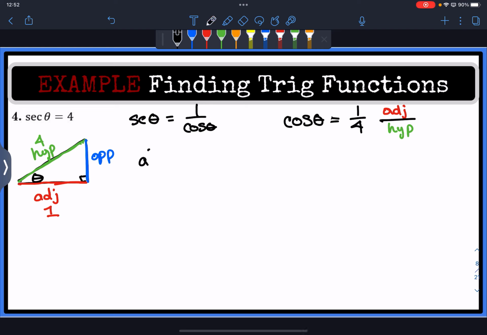So from a squared plus b squared equals c squared, I'm simply going to substitute in for a, we'll make a for adjacent 1, so 1 squared. We don't know what the b value is, and that's going to equal the hypotenuse, which is 4. Well, raising both of these numbers to the second power, we end up with 1 and 16.